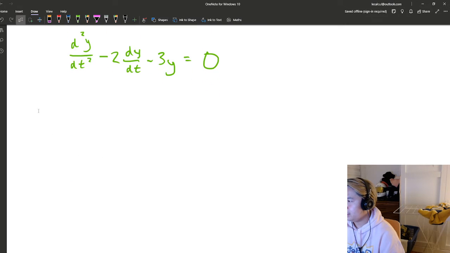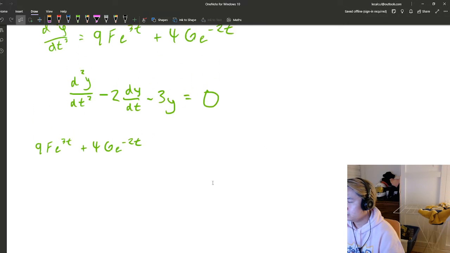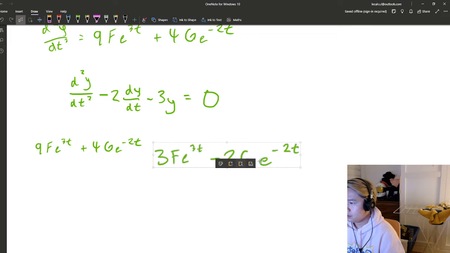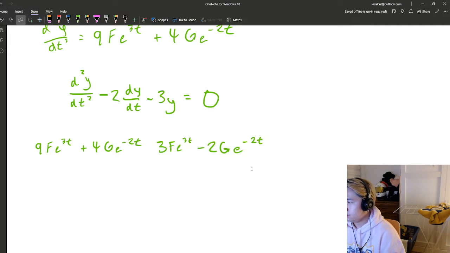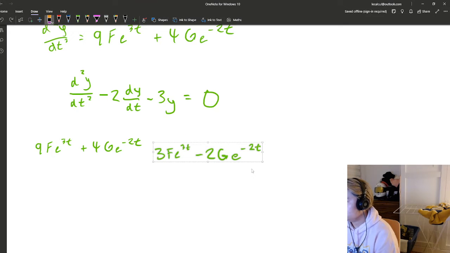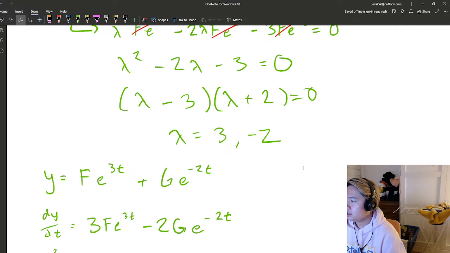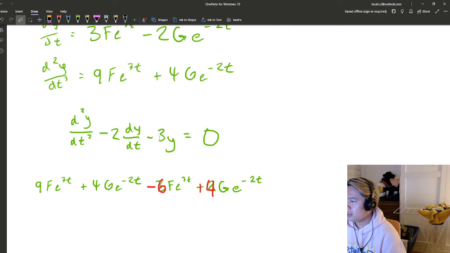So I'll have this thing minus 2 times this one, multiplied by negative 2, so this is minus 6, this is plus 4, and then take one of these, and then multiply it by negative 3.